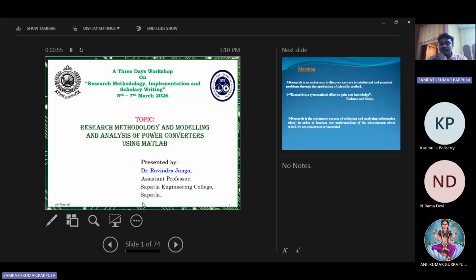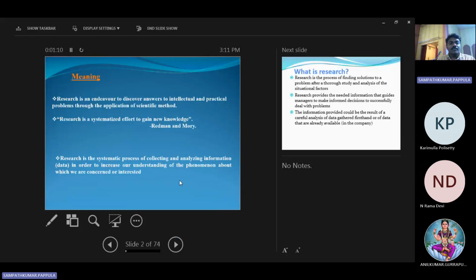In the next session, we will discuss research methodology. And by taking a simple problem, how to solve a problem, we will discuss in this session, very briefly. Generally, in patents also, we see that a small modification to an existing one is required to get the rights on it.